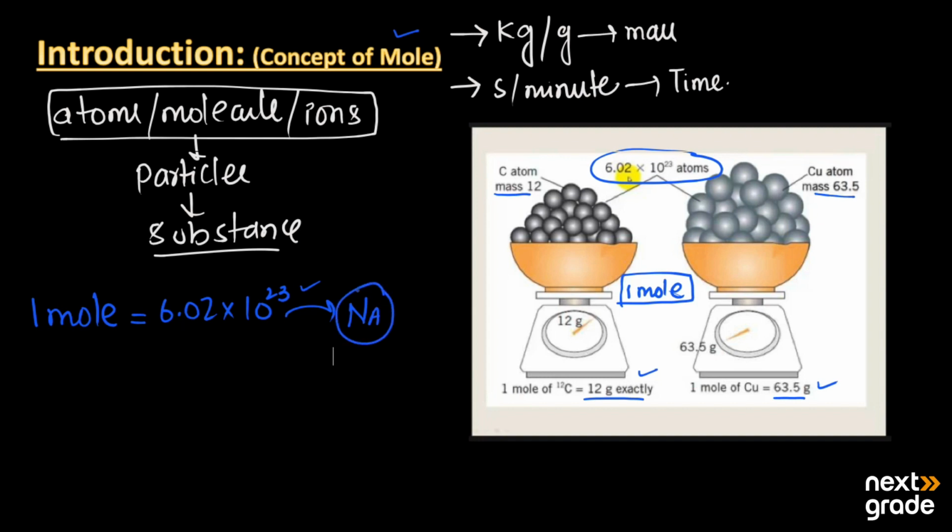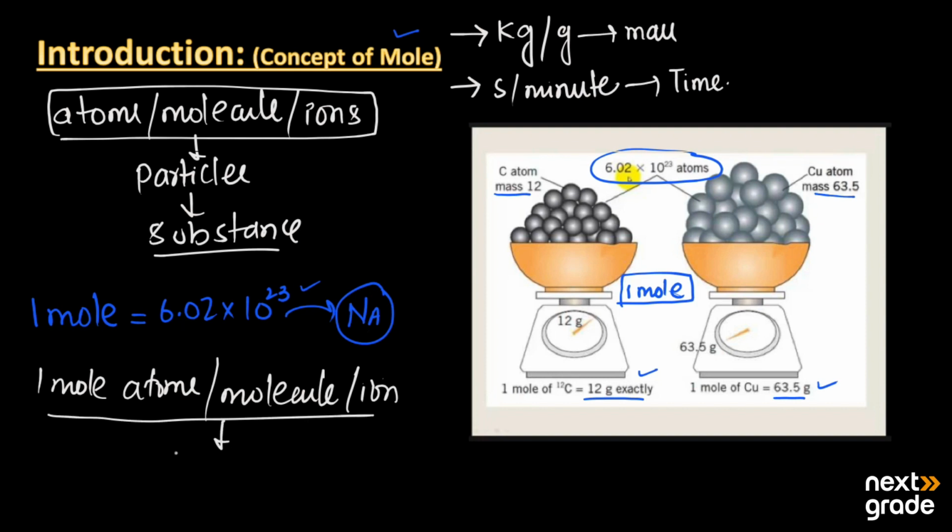So for any substance that is present in 1 mole, whether we have 1 mole of atoms, or 1 mole of molecules, or 1 mole of ions, all have 6.02 into 10 raised power 23 particles. This contains atoms, this contains the total number of molecules, and this contains the number of ions present in it.